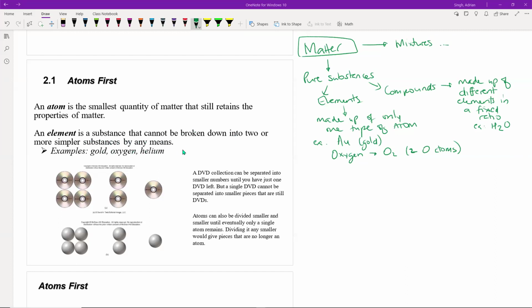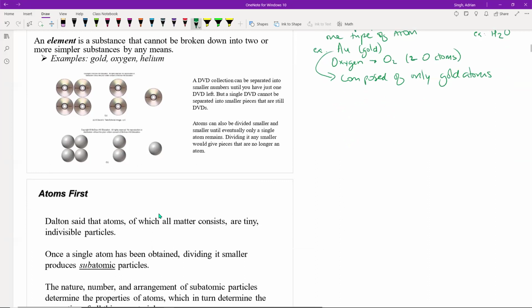If you look at a sample of gold, for example, this would be composed of only gold atoms. If you could zoom in on it with a really, really powerful microscope, you would be able to see those gold atoms present.